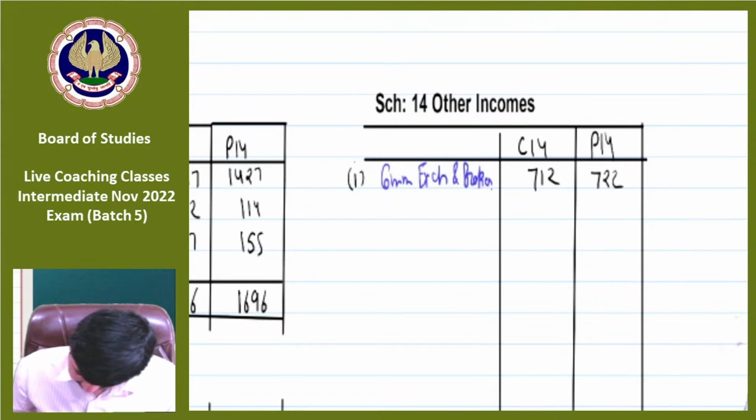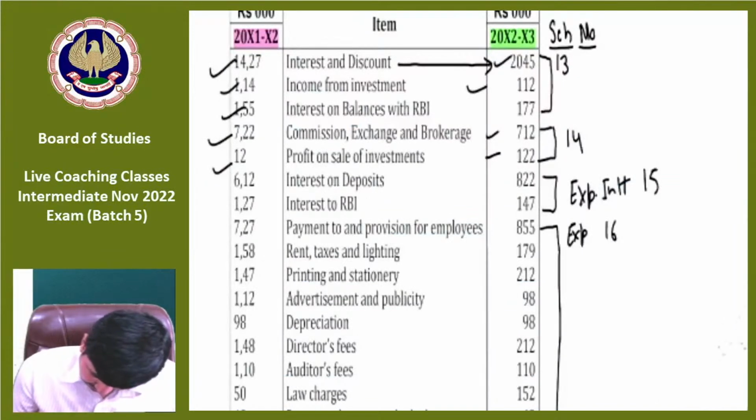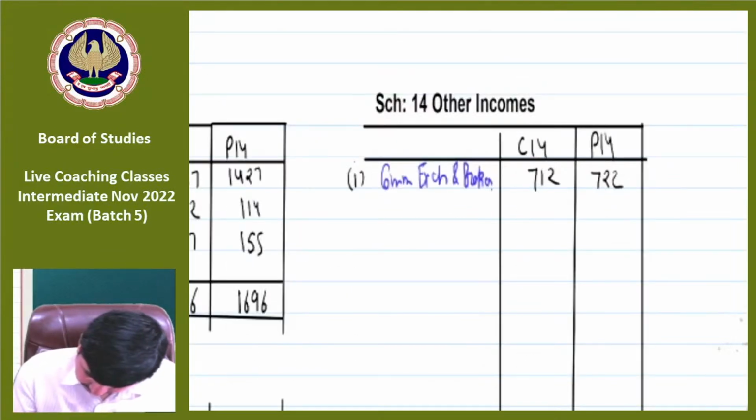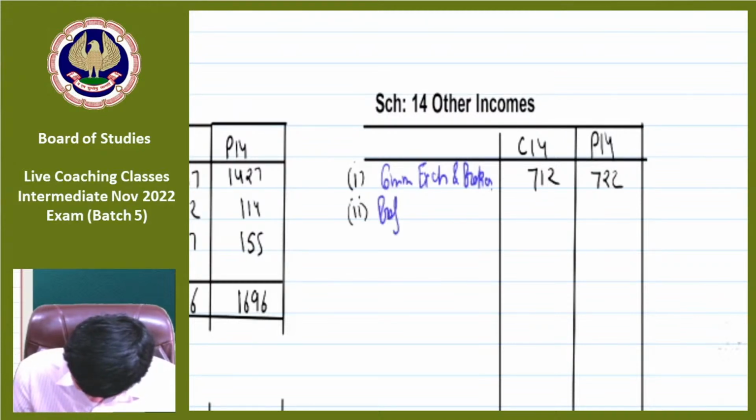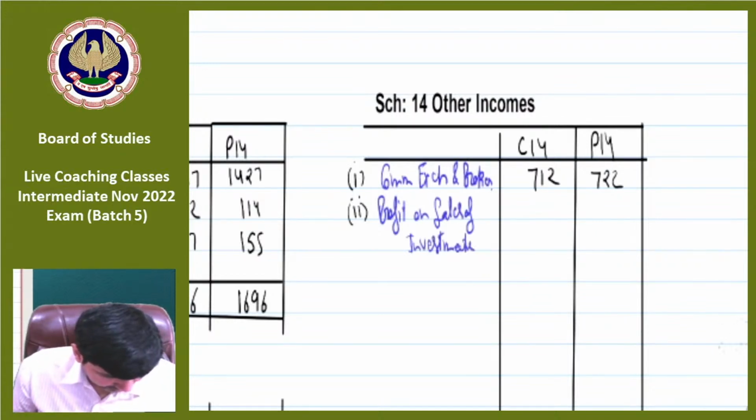Then profit on sale of investment. Second is profit on sales of investments. How much is profit? That is 112 and correspondingly 12.